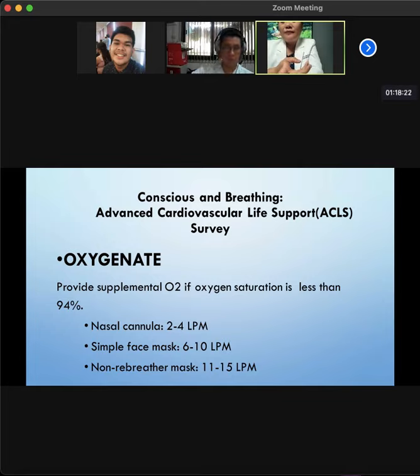For non-rebreather mask, you can give 11 to 15 LPM. Okay? Remember, class, you can only use your nasal cannula at 2 to 4 LPM, not greater than that. Kasi imagine ninyo, yung nasal cannula, yung nasal prong nakaganon sa ilong ng pasyente, and then pag nilakasan mo yung oxygen, para siyang nalulunod and magdra-dry yung nostrils ng pasyente. Okay? Imbis na maka-help ka, na aggravate pa yung problema ng pasyente.